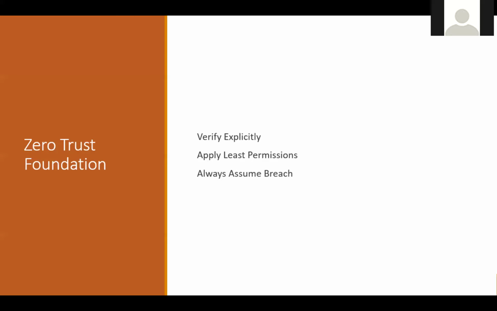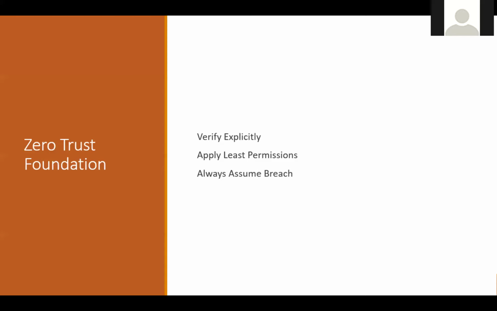So verify explicitly. We always authenticate and authorize based on all the available data points, including user identity, location, device health, service or workload, data classification, and anomalies. Using least privilege access, limit access to users to just-in-time access and just enough access, and have a risk-based adaptive policy and data protection to help secure both data and productivity.